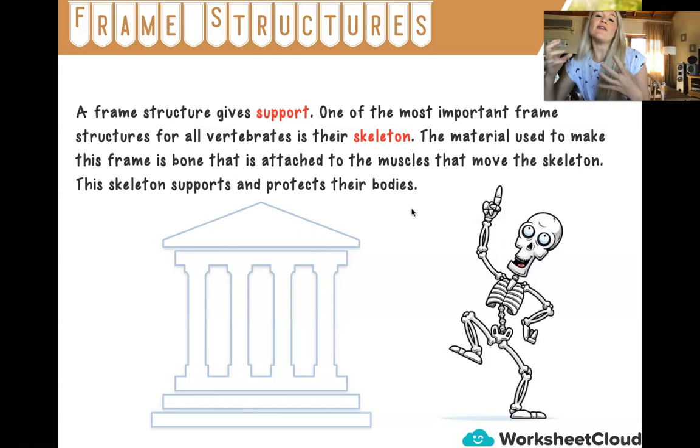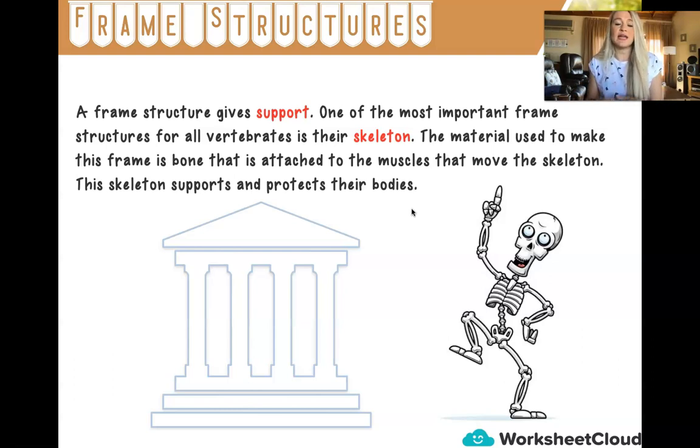So we have got a frame structure within our body, and our frame structure is our skeleton. Our skeleton is made up of different bones of various different sizes, lengths, and shapes that are then joined together to make up our skeleton. And our skeleton gives us a frame of our body, right?